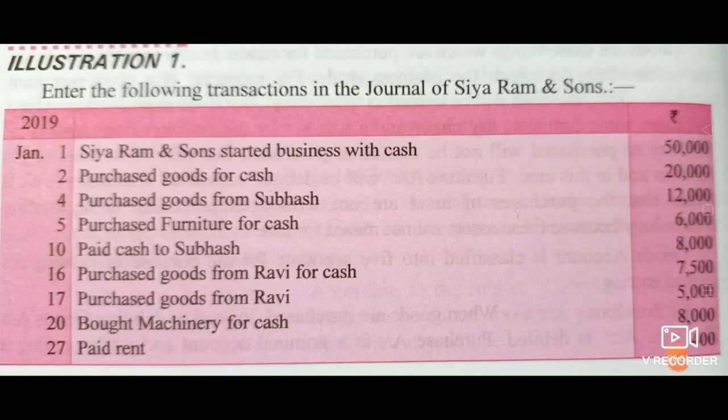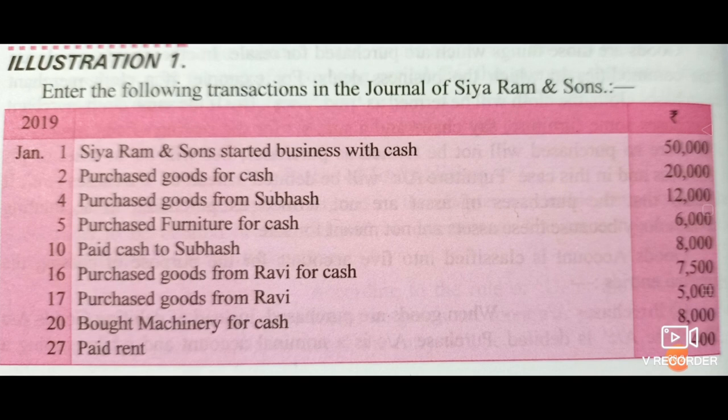See, this is the first transaction of preparation of journal. See the problem. Enter the following transactions in the journal of Siaram and Sons. Siaram and Sons is the party's name. Transactions are given below.